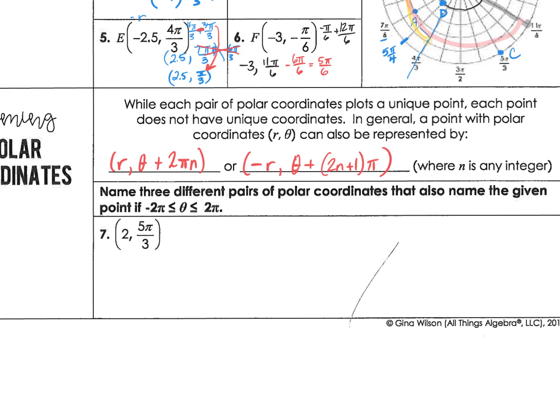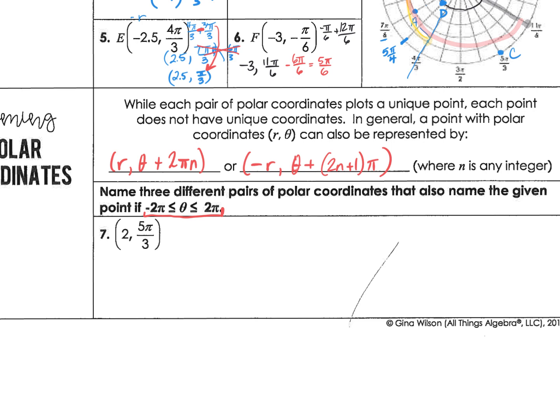All right. So basically what you're going to be doing is this. We have 5 pi over 3. Now we have to keep it between negative 2 pi and positive 2 pi, which means we're going to either add or subtract multiples of 2 pi.